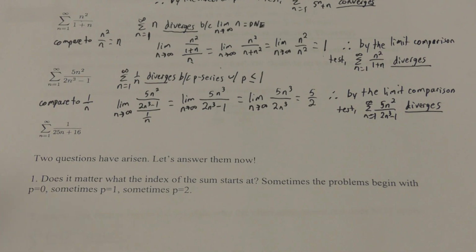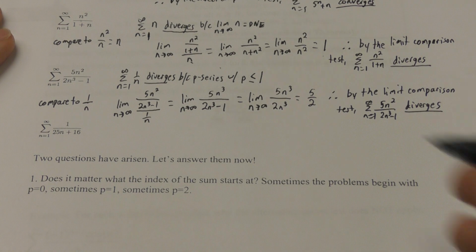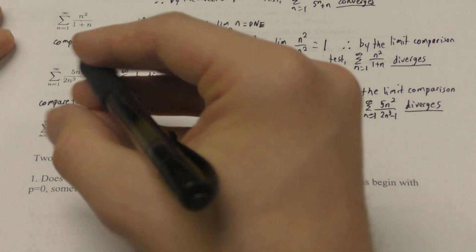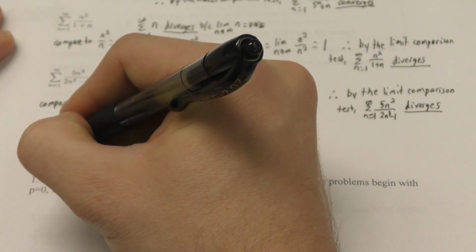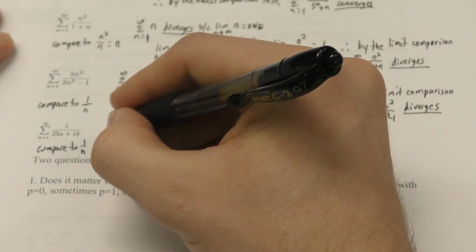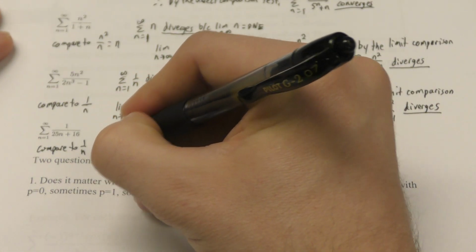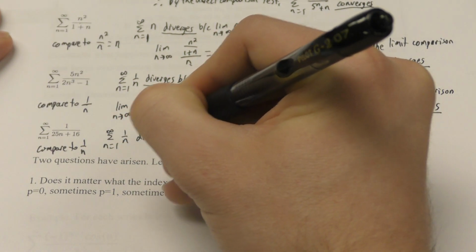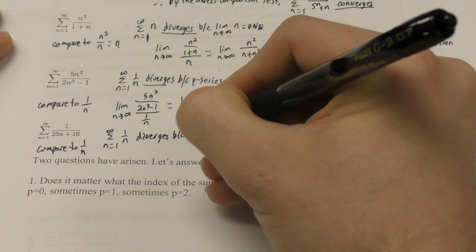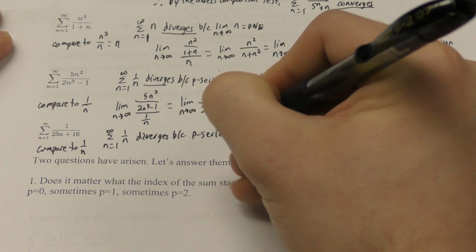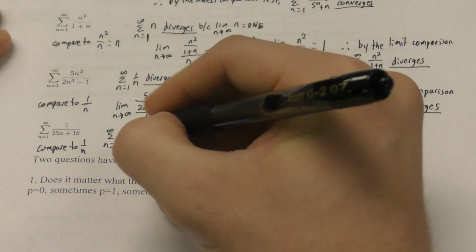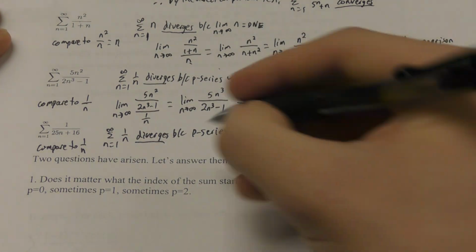Okay, last one, the sum of 1 over 25n plus 16. All right, using a similar process, I've got just n things, so let me compare also to 1 over n and see what happens here. As I stated above, I know that series is the harmonic series, and I know that it diverges because it is a p series with p less than or equal to 1. So let me use that in my limit comparison.